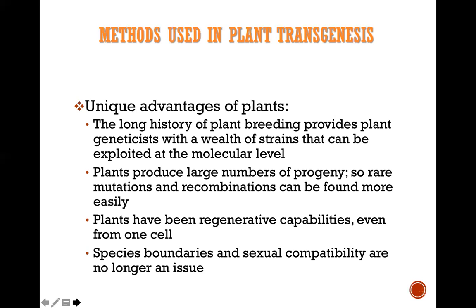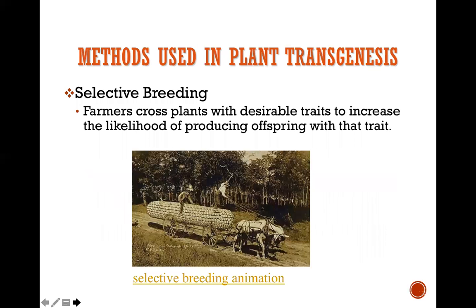And plant biotechnology using genetic engineering allows us to get down to the molecular level. Using that vast number of progeny and the plant's ability to reproduce from one cell, it allows us to overcome some of the boundaries that selective breeding and hybridization have. And so selective breeding has been the tool of choice for many generations, and we still use selective breeding in a lot of food crops and plant crops alike.